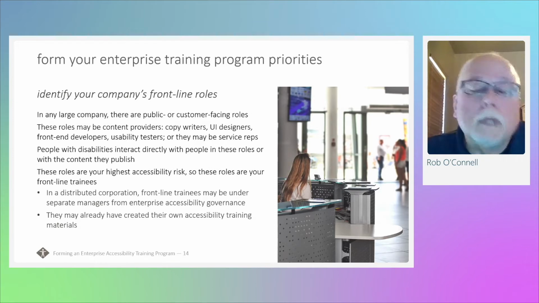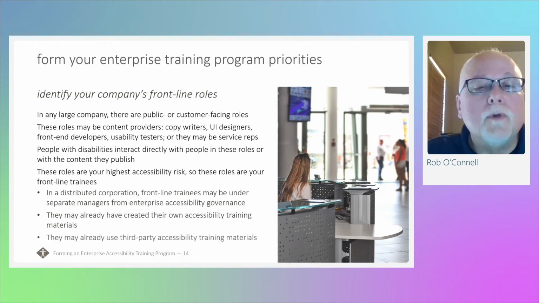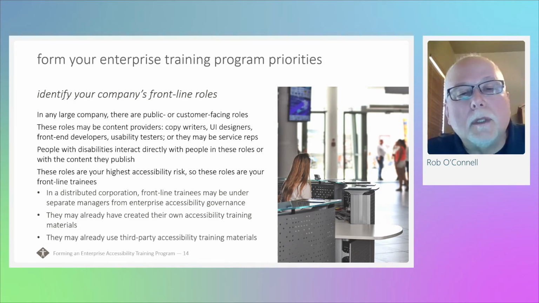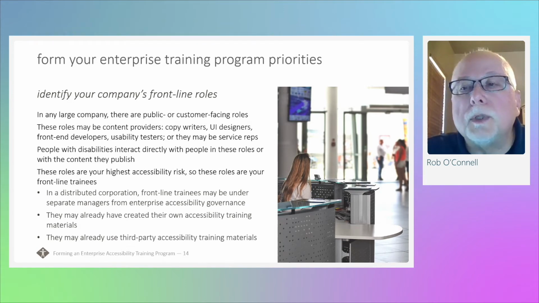Sometimes they would gain from the general accessibility awareness training that our group provided for the whole company, but they also had specialized needs within their own lines of business, and they began to ask questions and move on their own. In some cases, they would be using third-party accessibility training materials, and we didn't discourage that. In fact, we welcome it.